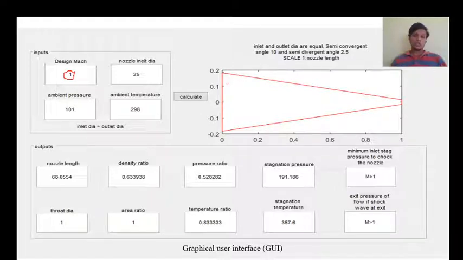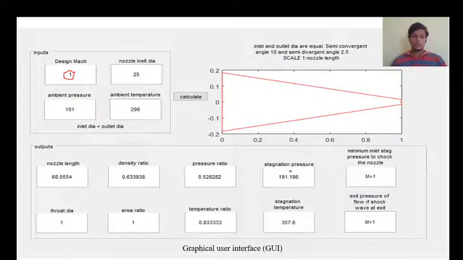So this graphical user interface is aware of this particular condition. If the design Mach number is 1, it automatically generates the convergent nozzle. If the design Mach number is greater than 1, it will develop a convergent divergent nozzle. For design Mach number 1, it generates the convergent nozzle only, and the respective outputs are these.